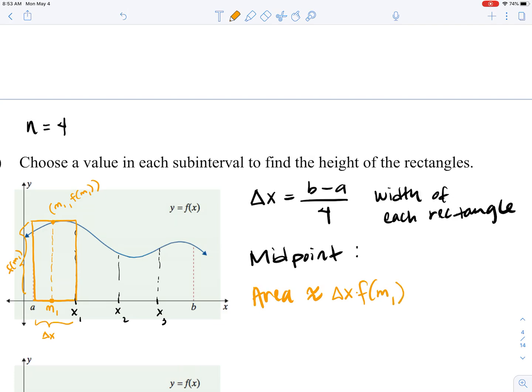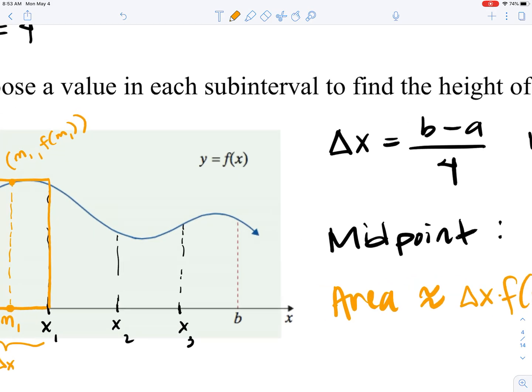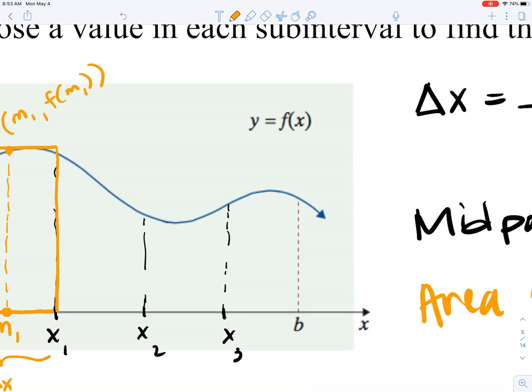So I'm going to write that over here: delta x times f of m sub 1 would give me the area of the first rectangle. Then we move to the second rectangle.